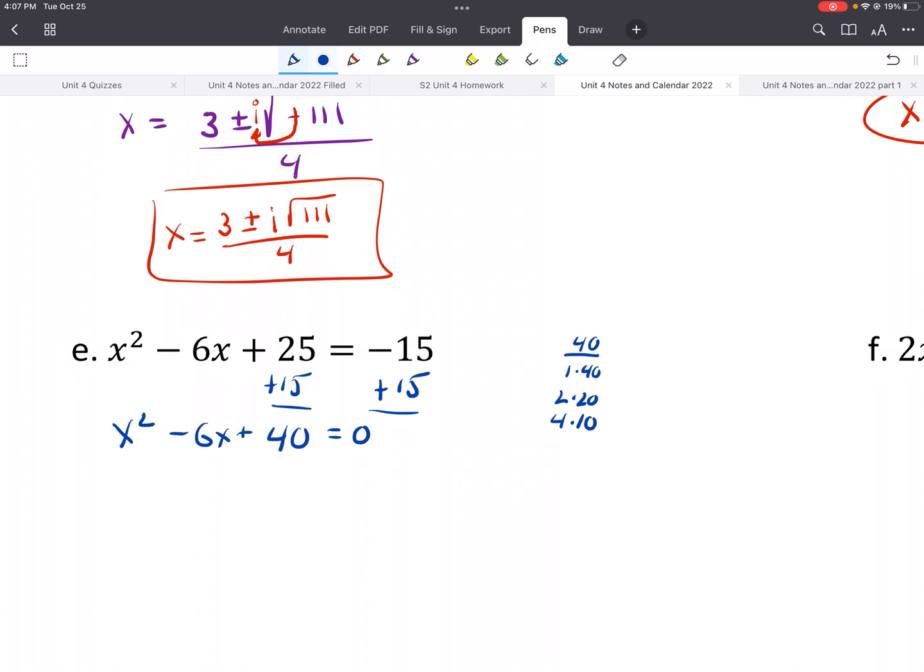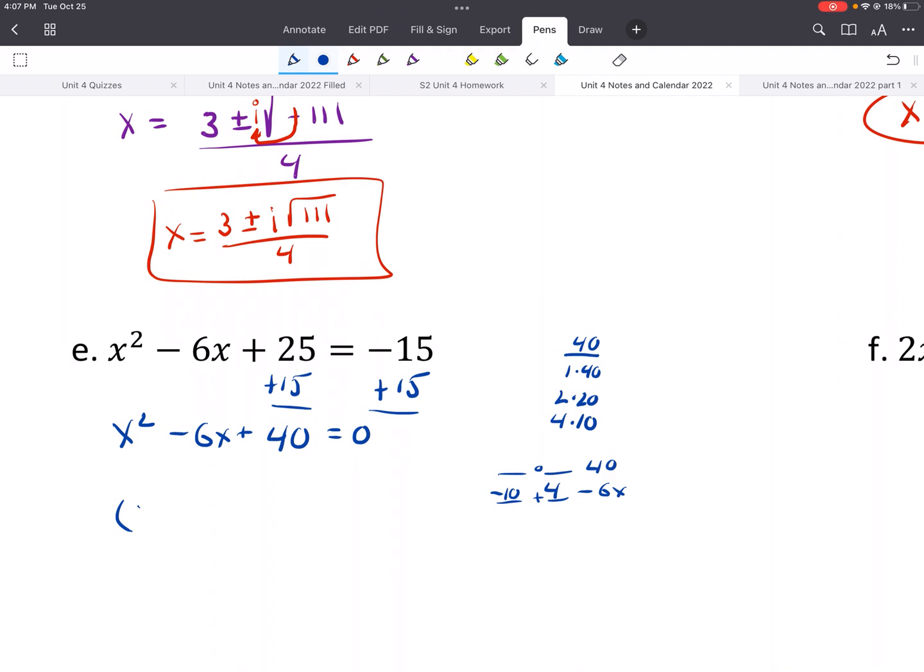So we just need to make sure we got the signs. So I think it would need to be, actually I'll just write this out. It always helps me. So if we did negative 10 plus 4? Oh no, that wouldn't work because it needs to be a positive 40.